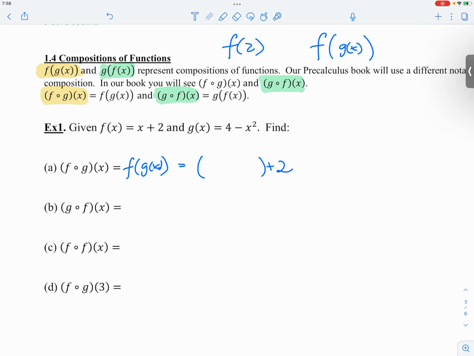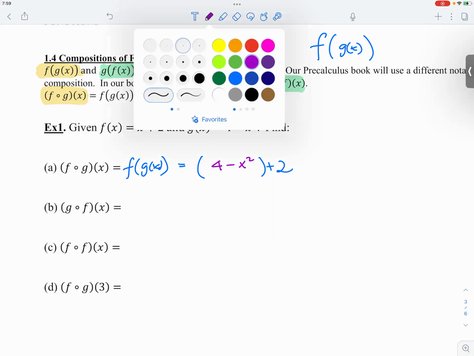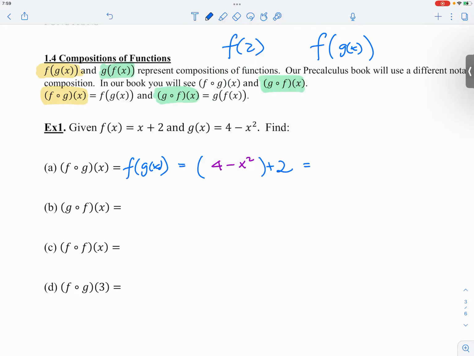And what do I put inside? Whatever the g function is, and in this case it will be 4 minus x squared. So if you practice good notation, you'll say, that's pretty straightforward. So you have to combine the numbers together, and you just have minus x squared plus 6.